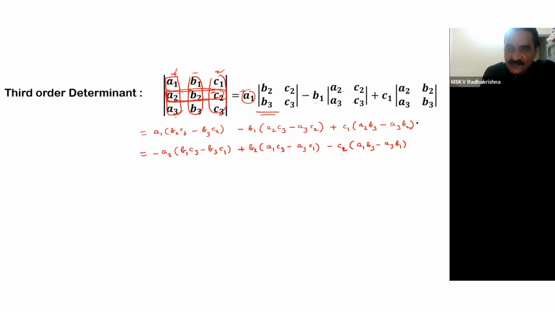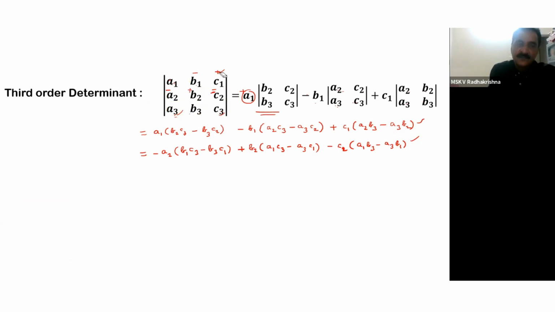And this expression and this expression will have the same value. Whether you calculate using first row or second row or even third row, you will get the same value of the determinant. Okay.